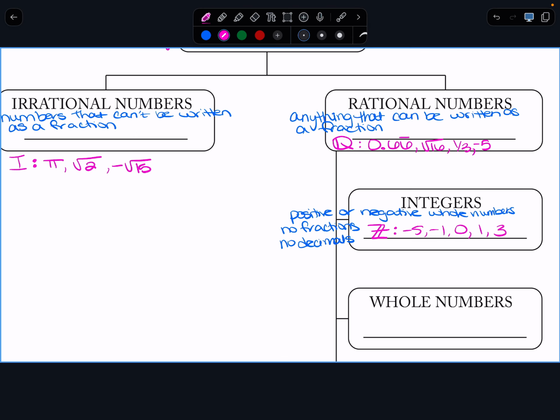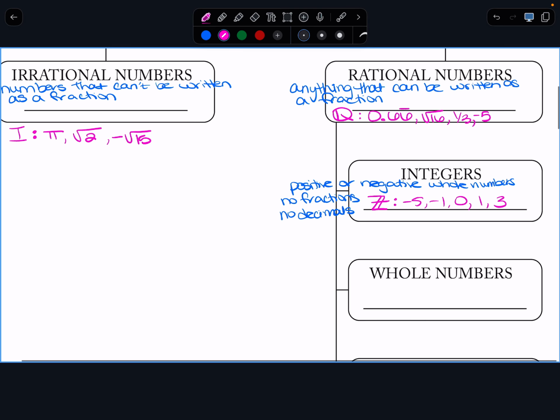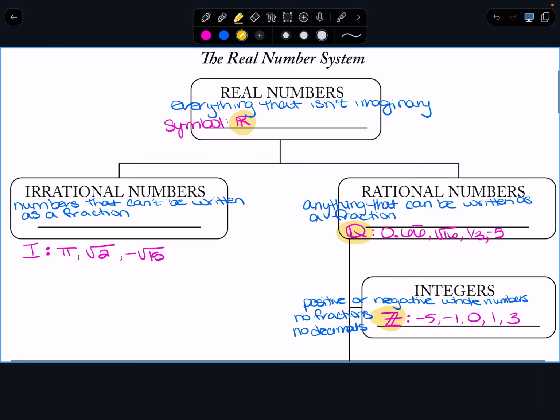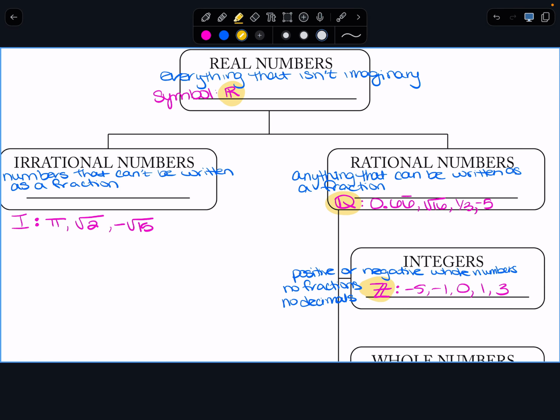Actually, it looks like a font. The symbols for the set of rational numbers, integers, and real numbers are all true mathematical symbols.